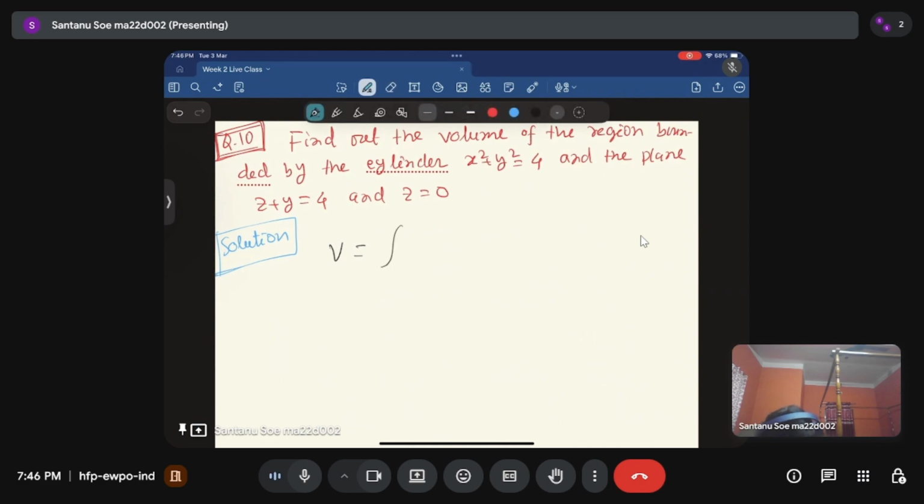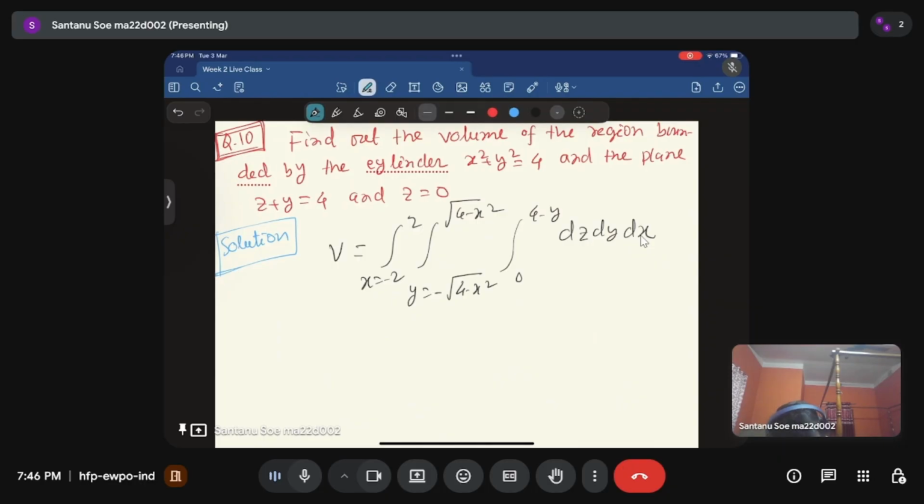So x is from minus 2 to 2, y is from minus square root of 4 minus x square to square root of 4 minus x square, and z is from 0 to 4 minus y. So this is gonna be dz, dy, and dx, right?